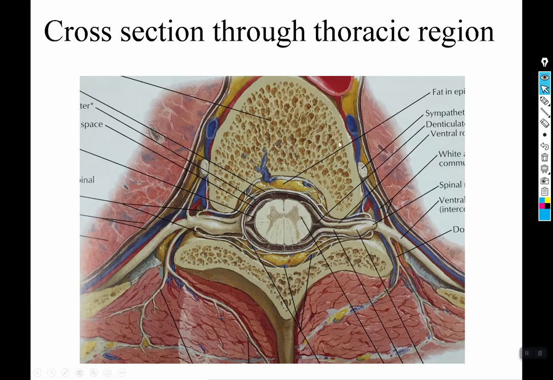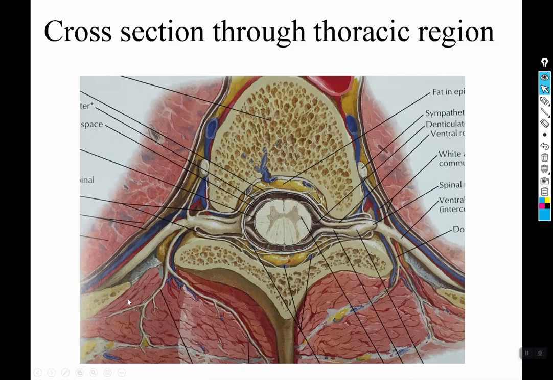So the vertebral body is always going to be ventral, and the side with the vertebral laminae, here and here, and the spinous process are always going to be dorsal or posterior. Remember, because we're bipeds, our ventral surface and our anterior surface are the same, and our dorsal and posterior surface are also the same.